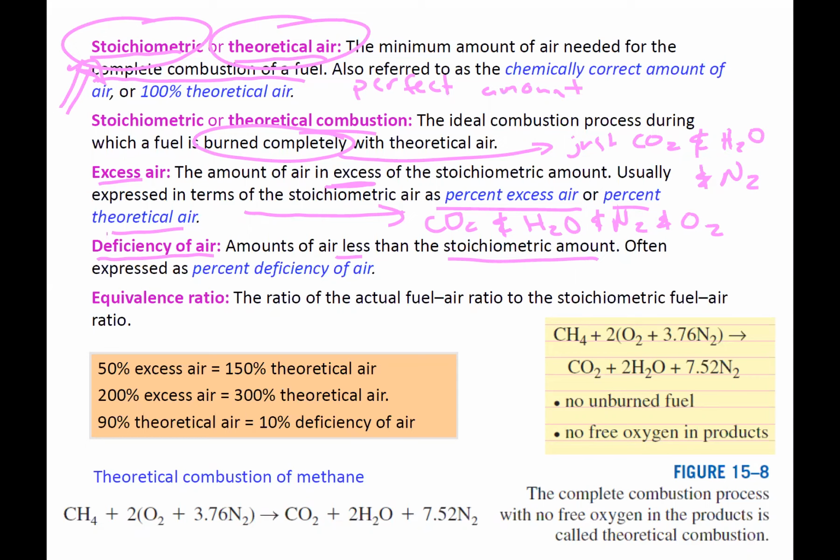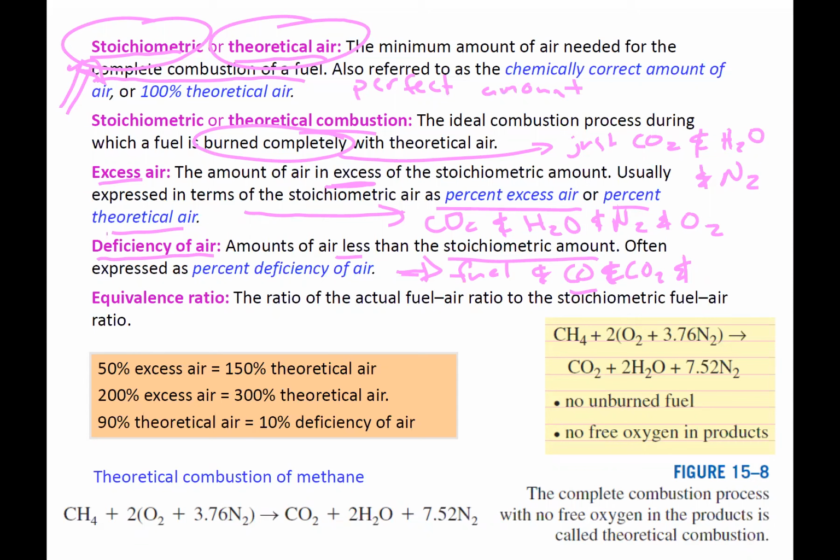You could be left with fuel in your products. You could be left with CO: you might have some CO2, but you can't get all of it to CO2. You could have just CO because you don't have enough oxygen to get the O2 in carbon dioxide, just the O in carbon monoxide. That's why you'll get higher amounts of carbon monoxide when you don't have enough oxygen.